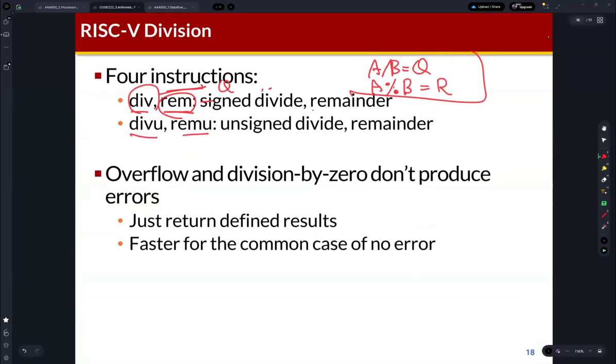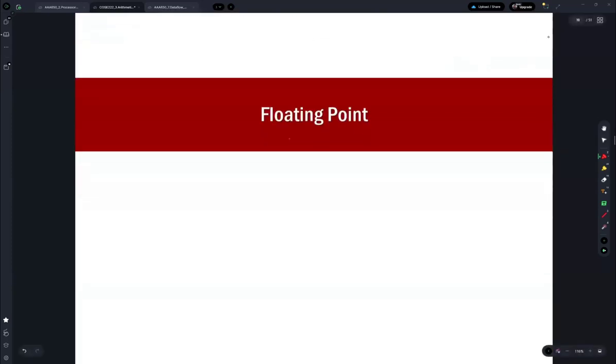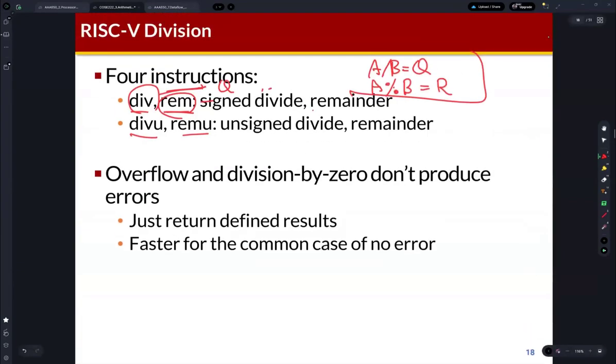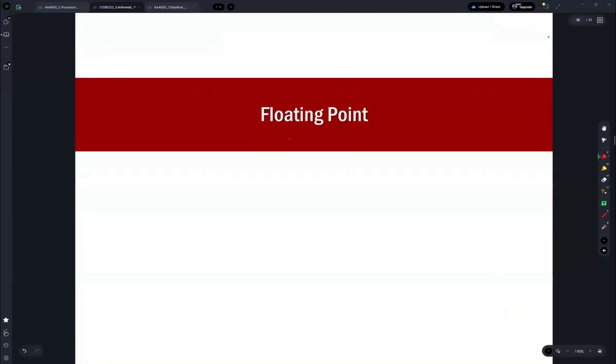So this is the multiplication and division operation in RISC-V or in a CPU. And then we will learn about floating point. Until this point, we just handled integer instructions, which means these instructions handle integer numbers. Integer numbers are very simple, but we also frequently handle floating point numbers, right?